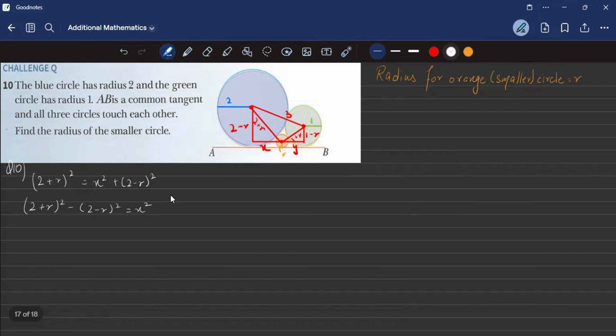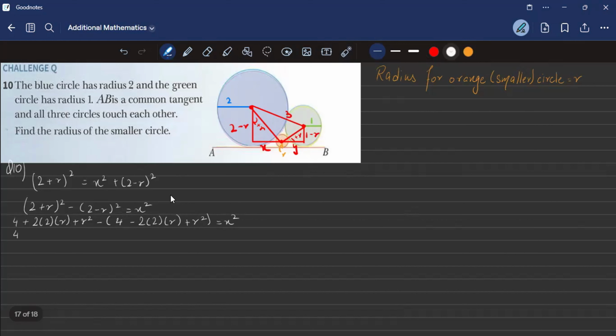Again, we are going to use our quadratic identities. (a plus b) whole squared is equal to a squared plus 2ab plus b squared. So 2 squared is 4, plus 2 multiplied by a multiplied by b, plus r squared, minus, again, 4 minus 2 multiplied by a multiplied by b plus b squared, is equal to x squared.